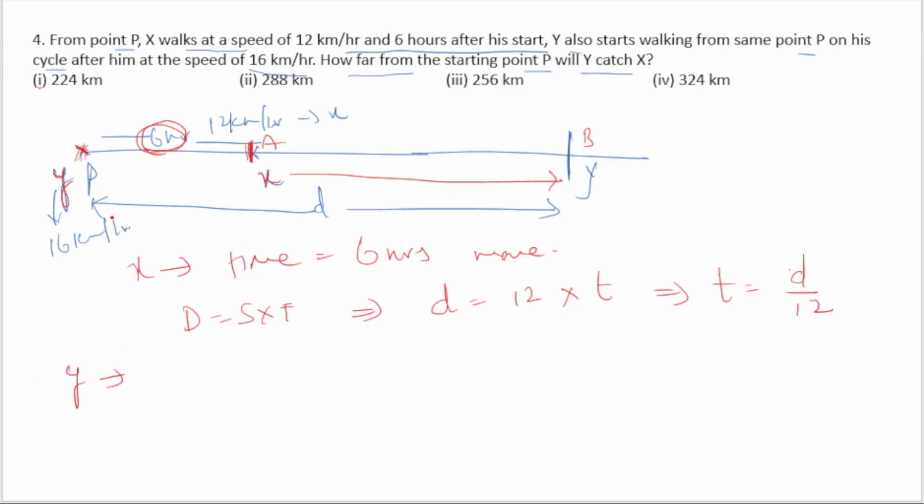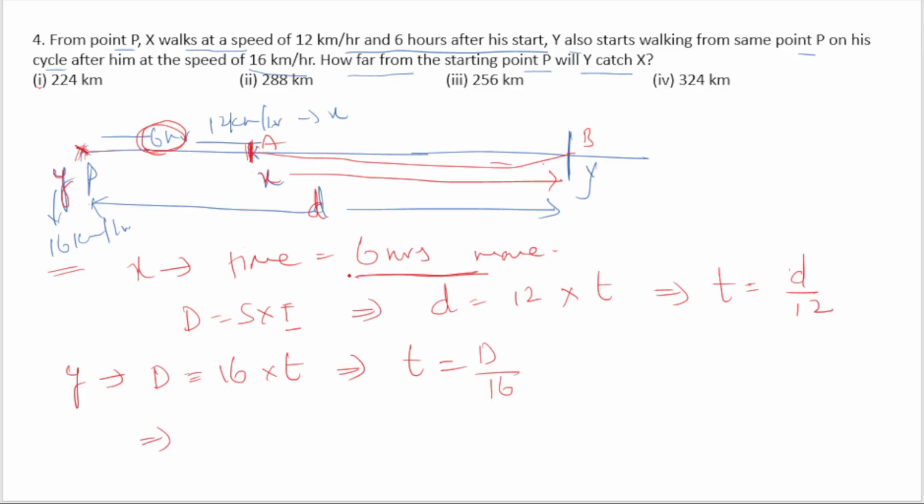And in the case of Y, Y traveled D distance in the same time T. How much time X took to travel from A to B, the same time Y took to travel from P to B, right? So here distance is equal to speed, 16 kilometers per hour, into time. Time is equal to distance divided by 16.